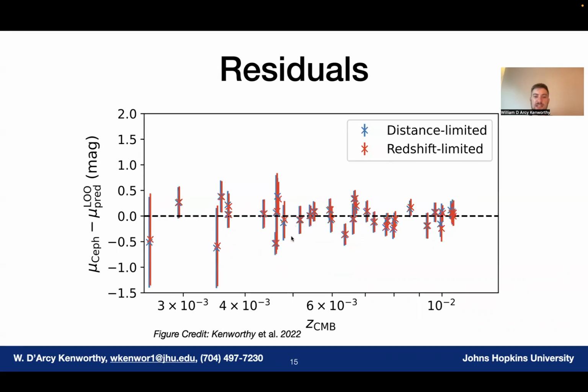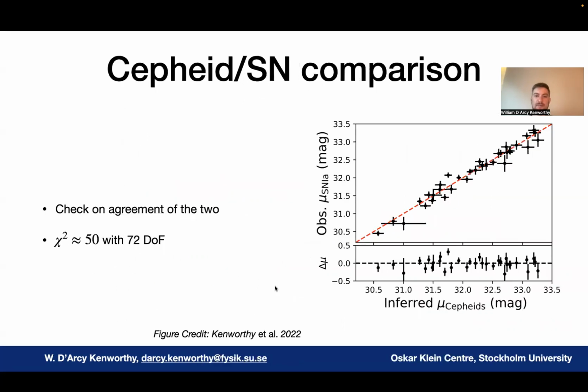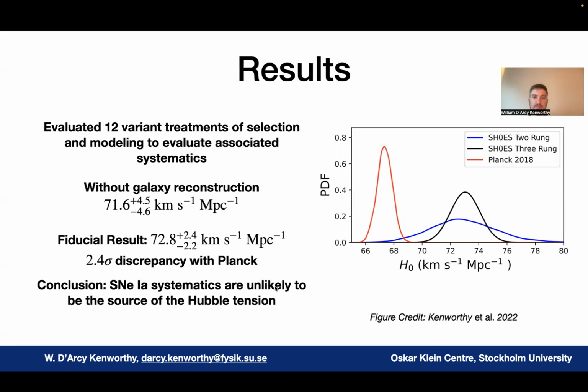And these are our final residuals, which show very good properties, reduced chi-squared close to 1, no apparent trends with redshift, and generally much less noisy than the previous data. When we compare the Cepheid and supernova distances, we find that the 2 agree very precisely. The type 1a supernova and Cepheids have a chi-squared of about 50 between them, with about 72 degrees of freedom.